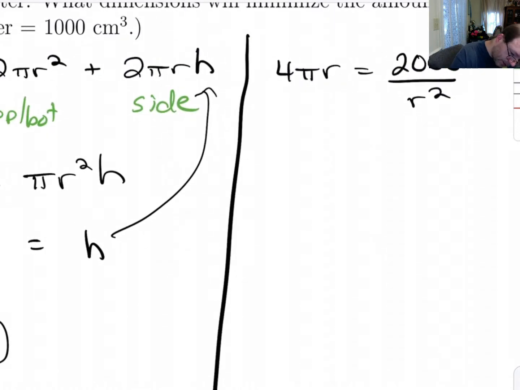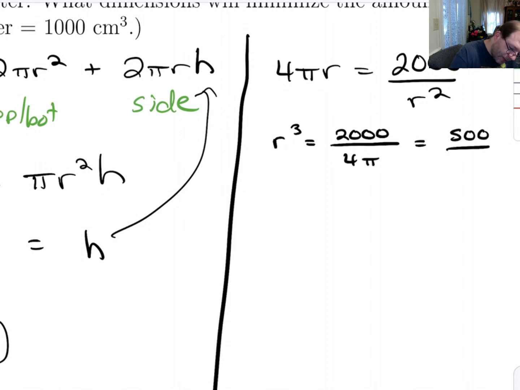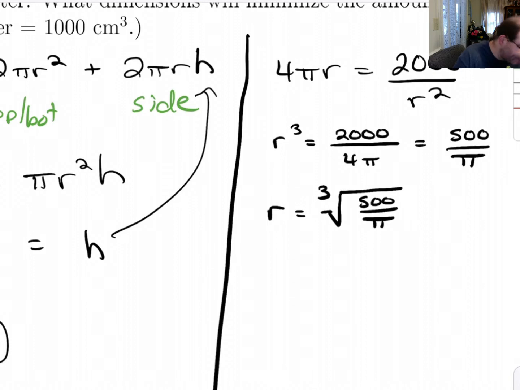So then, if I move my r's over here, I get r cubed equals 2,000 over 4 pi. So that's 500 over pi. So 500 over pi is my r cubed. R is the cube root, this is an ugly number, of 500 over pi. Now let's just work out what that is on the calculator.